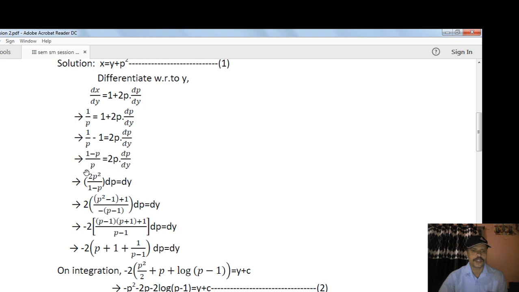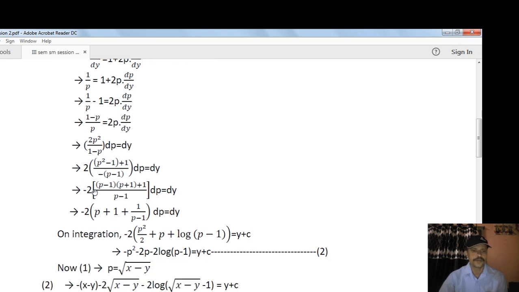After cross multiplication, 2p square divided by 1 minus p into dp is equal to 1 into dy. After the separation, we have to integrate this. We already know this method.